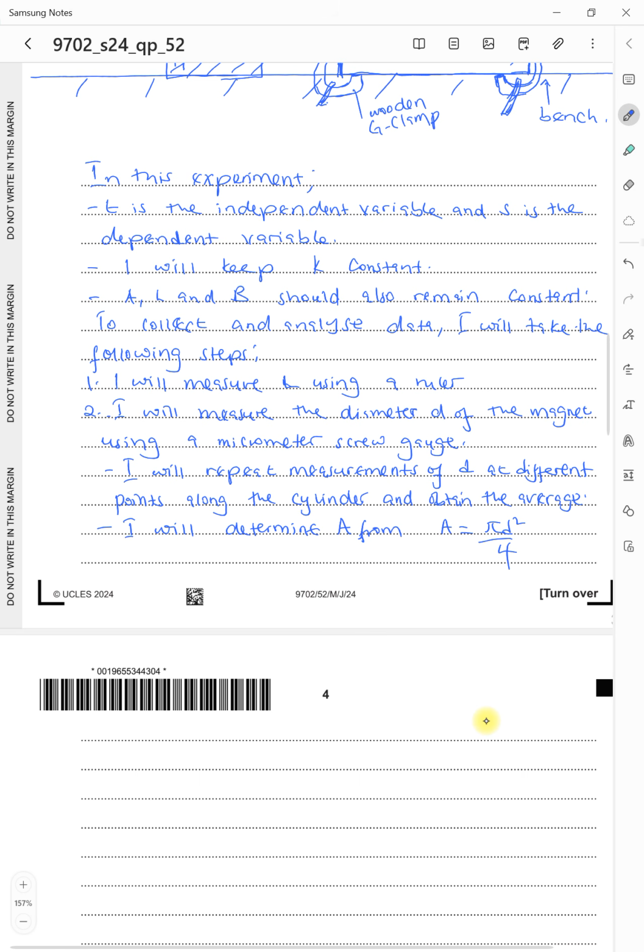Step number 3, I'll now measure the thickness of the card which I'm using. So I will measure the thickness of the card T using a micrometer screw gauge.